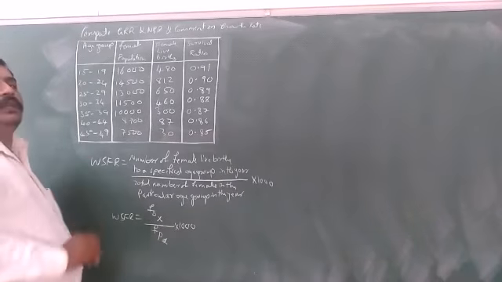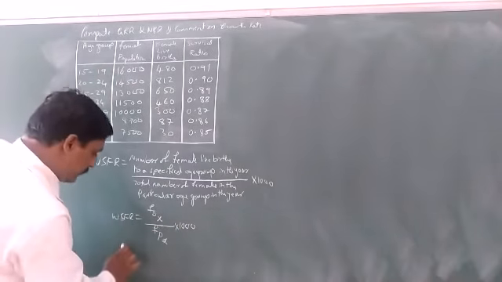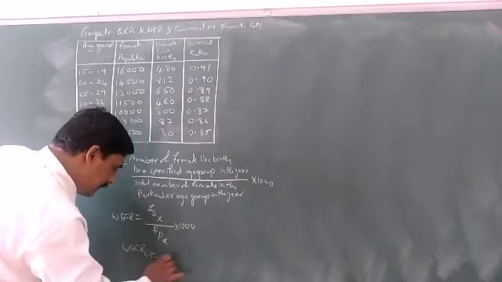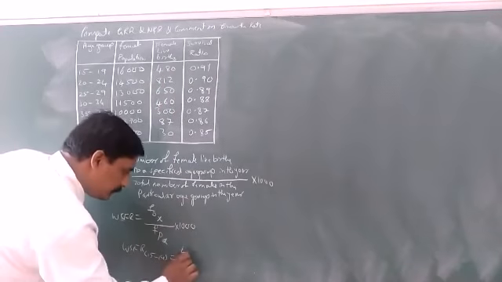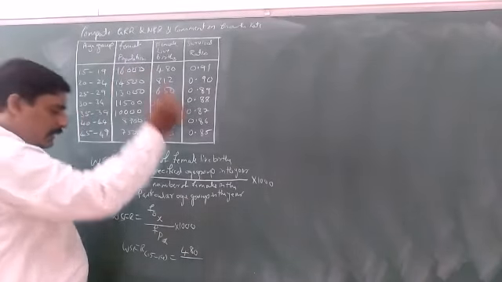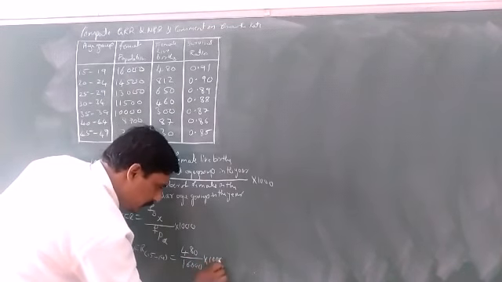So let us calculate the first one here, that is age group 15 to 19. WSFR 15 to 19 is equal to live female births are 480 divided by female population in that group is 16,000 into 1000.